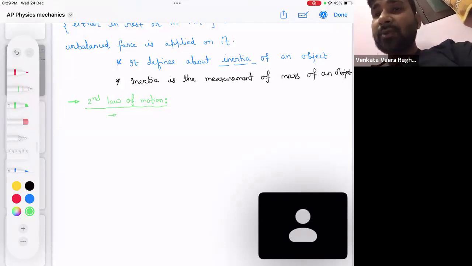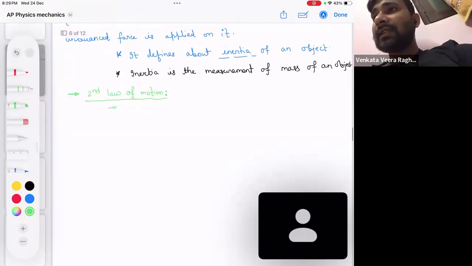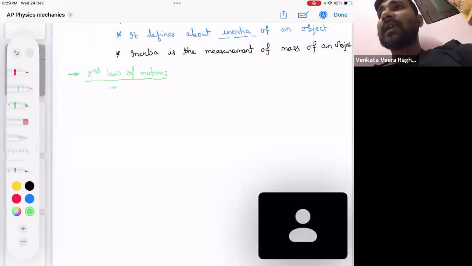So that's why Newton's second law says, whenever we apply a force on a body, keep in mind, an external force, it changes the state or creates acceleration in the body.